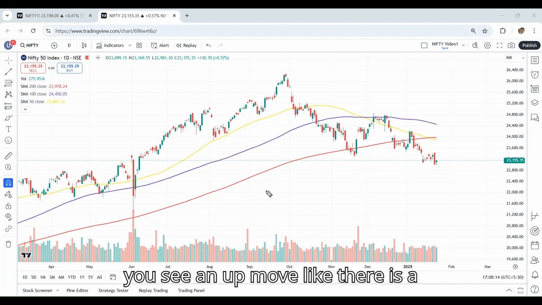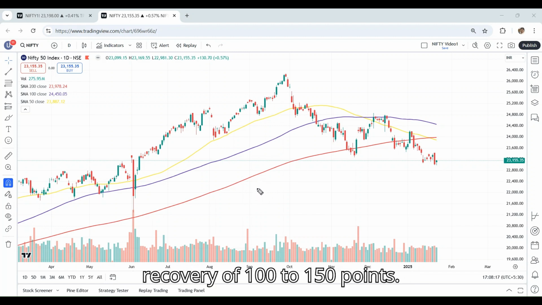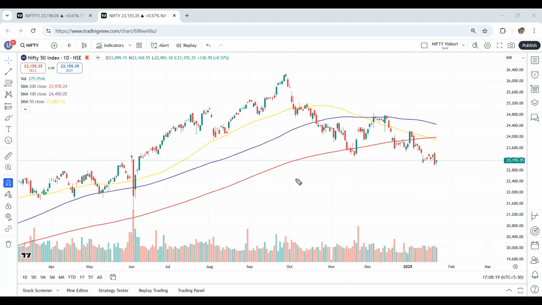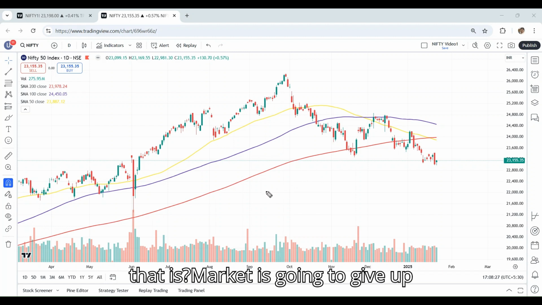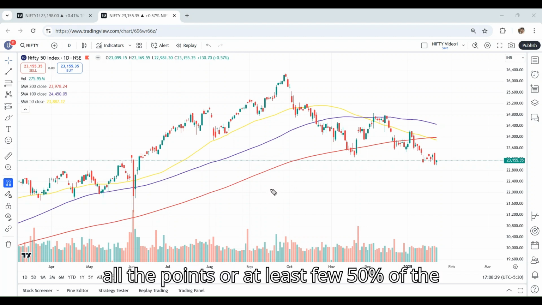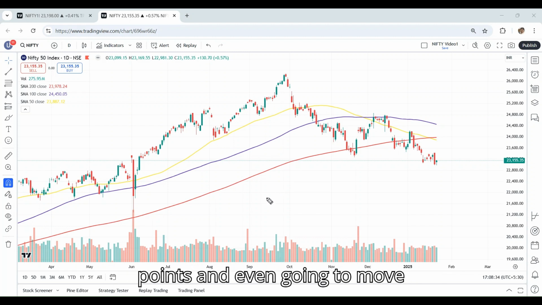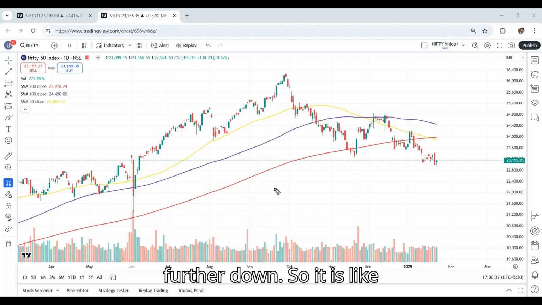Whenever you see an up move, like a recovery of 100 to 150 points, you take a trade on the downside, because the market is going to give up all those points, or at least 50% of them, and even move further down. So it is like sell on rally in a downtrend.